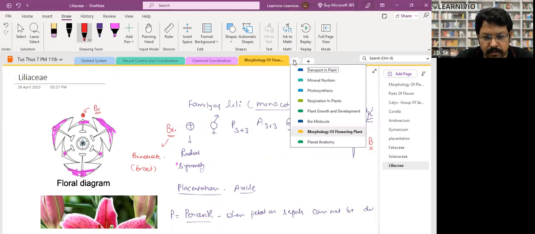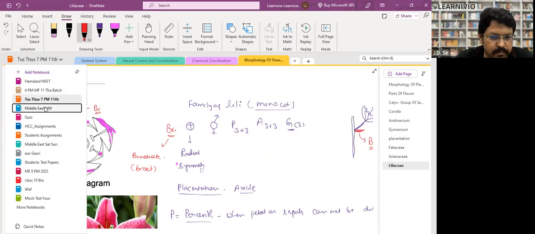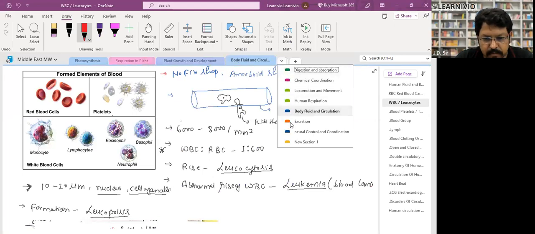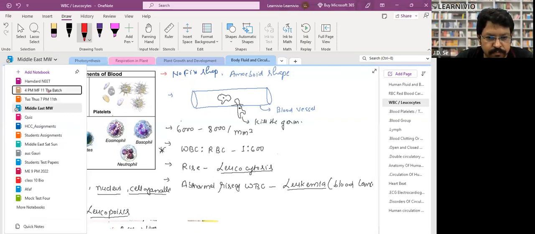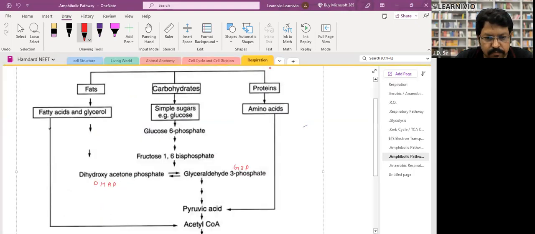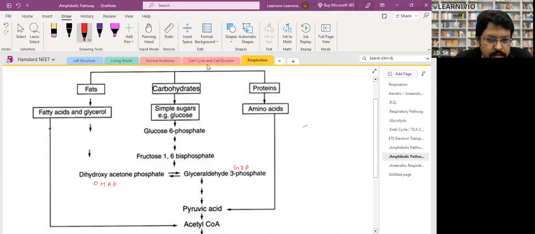Now cell biology is not in this file. Cell structure.